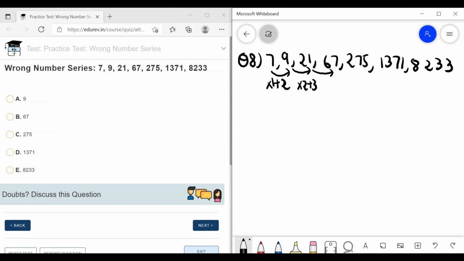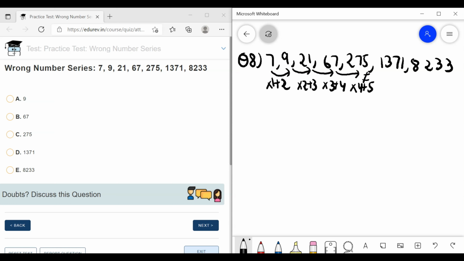And 21 to 67 seems times 3, which is 63, an addition of 4. Wow, it's 1, 2, then 2, 3, then 3, 4, then technically this should be, according to the pattern, times 4 plus 5. But that's not true, because 67 times 4 plus 5 would actually give us 273. And here it's 275. So the pattern is being broken here.